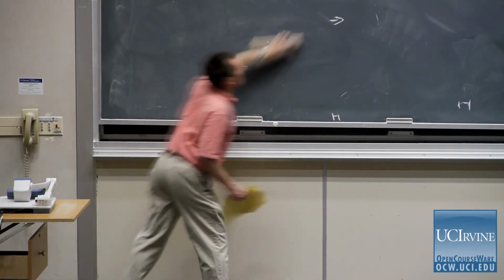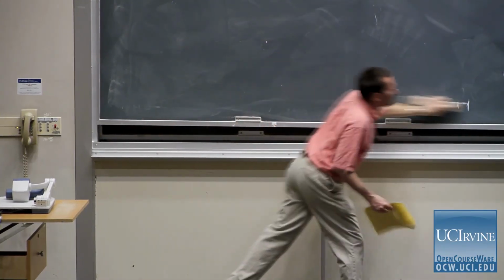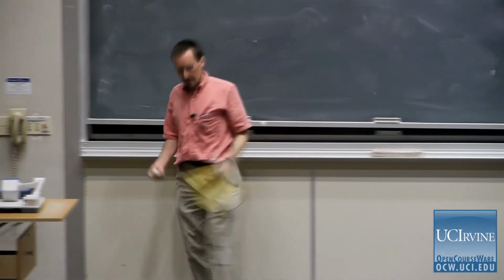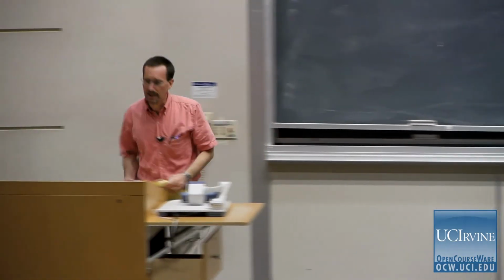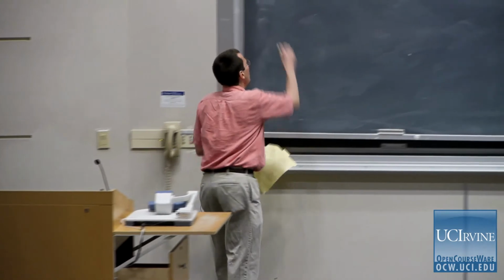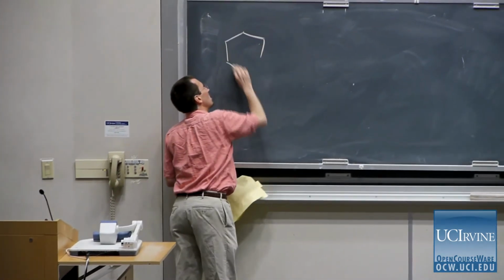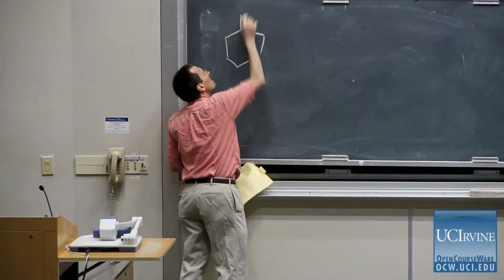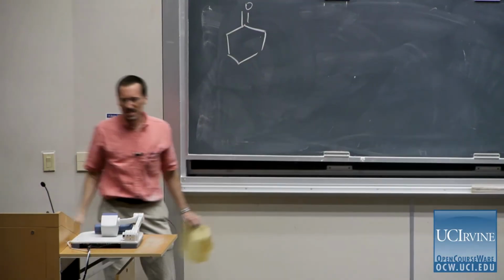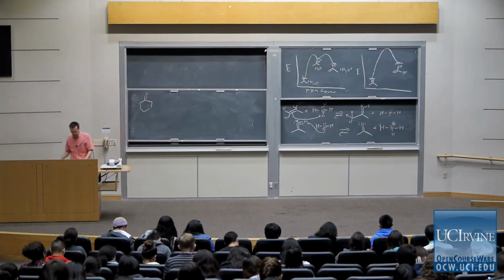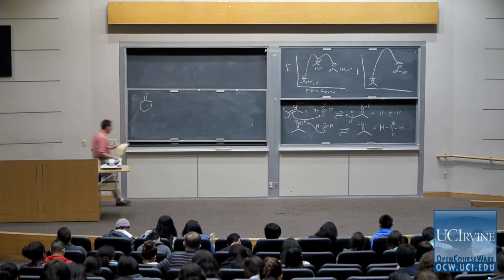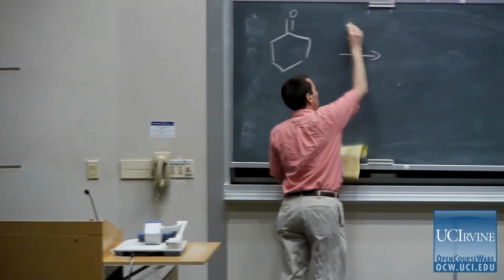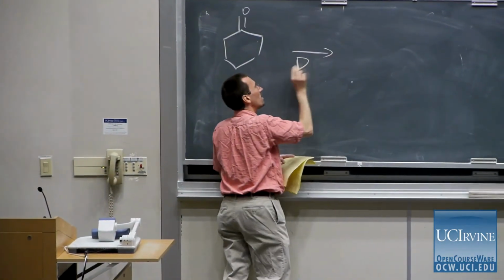All right, I'm going to take probably the simplest reaction that I can think of. And that reaction is going to be deuteration. So let's take cyclohexanone as a variation here. And we'll envision dissolving it in D2O.